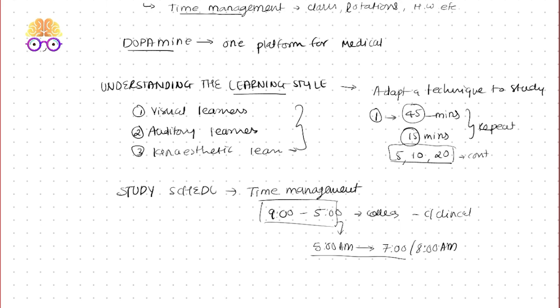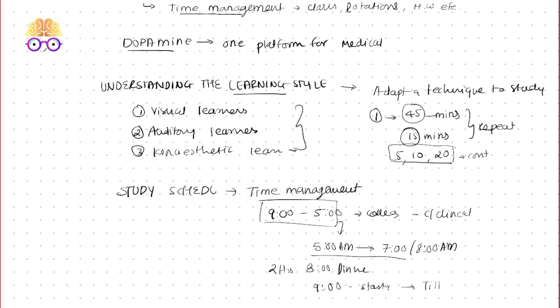And if you are not a morning person and want to study at night, then after 5, give yourself at least 2 hours of break, have fun, enjoy everything. Then at 8 o'clock you have your dinner, and from 9 o'clock you can start your study till whenever you're good, till you sleep.